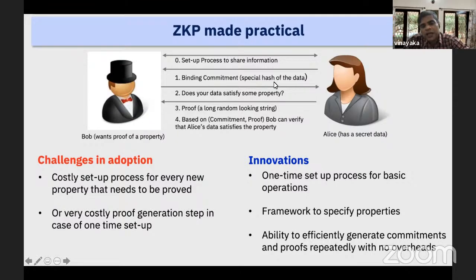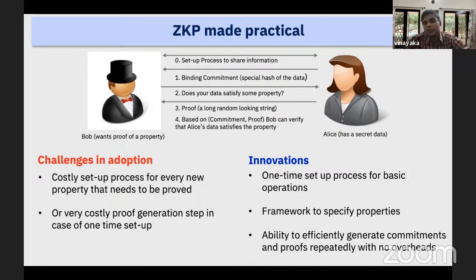So I compute a special hash of my data, my bank statement. I put it on the blockchain network. The bank is going to look at that and verify and put a check mark saying that Alice has computed the special hash correctly. That's all she says.